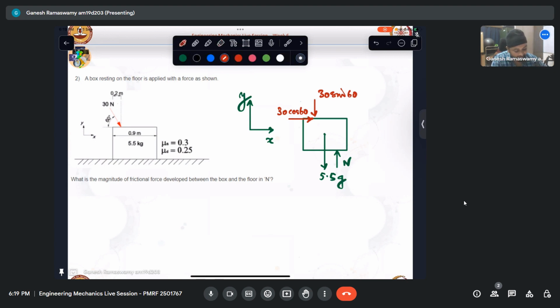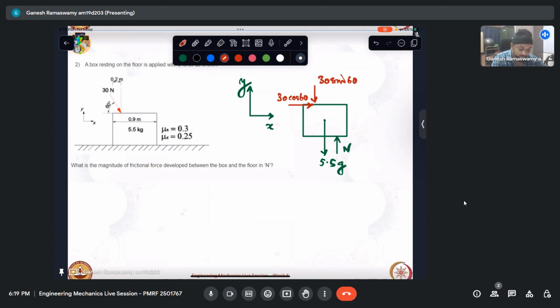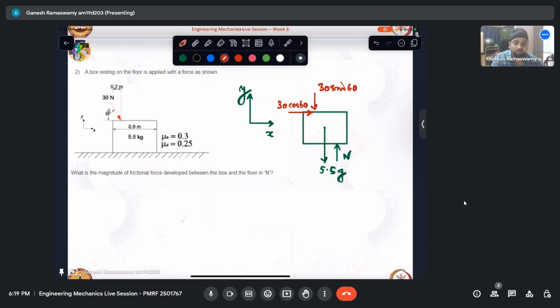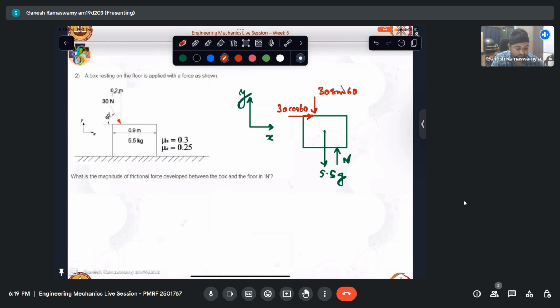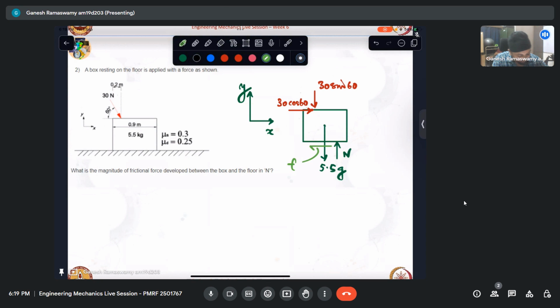Okay. Is the free body diagram complete? We have to account for the frictional force. Now we can see that in the x direction we have only this force applied right now, which implies that the tendency of motion will be towards the right, in which case we need to replace this with a frictional force like that, and let me call this F, not to be confused with mu Sn.